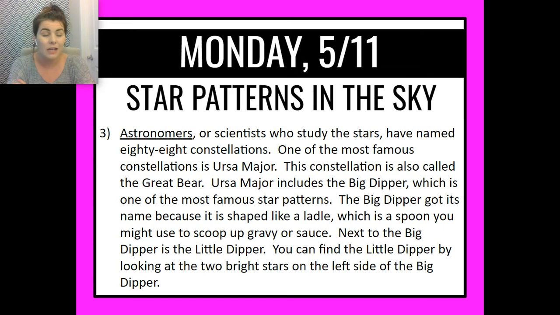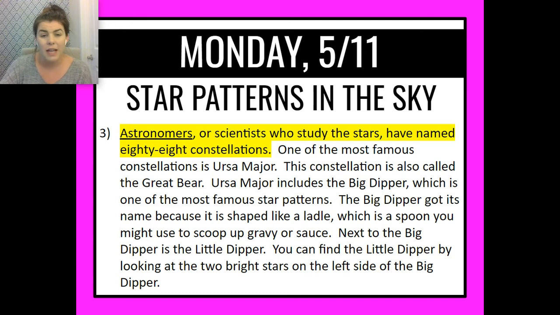What is this paragraph mostly about? Well, this paragraph is talking to me a lot about specific constellations. Ursa Major, Ursa Minor, Big Dipper, Little Dipper. It's talking about where these constellations are in the grand scheme of the universe. But really, the topic sentence here is the first sentence: astronomers or scientists who study the stars have named 88 constellations.